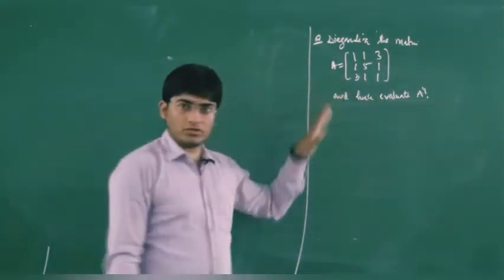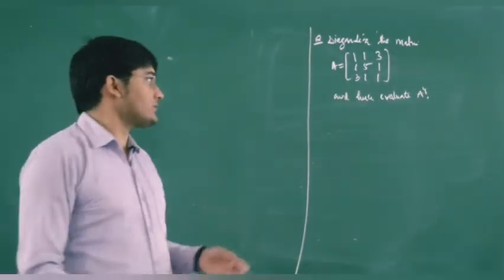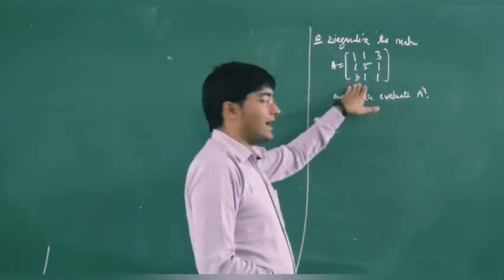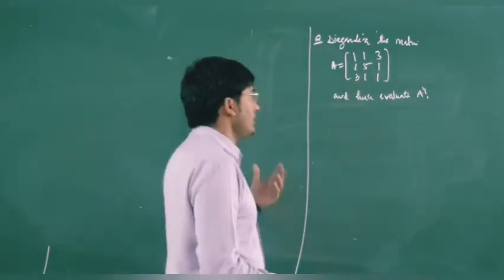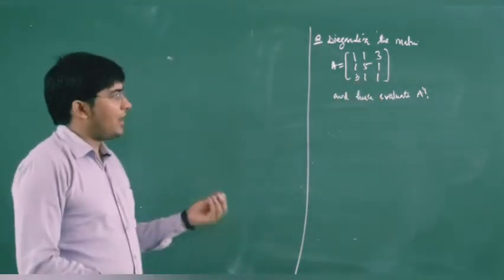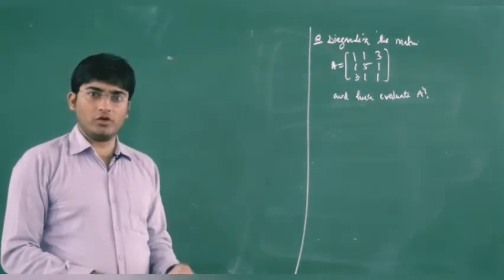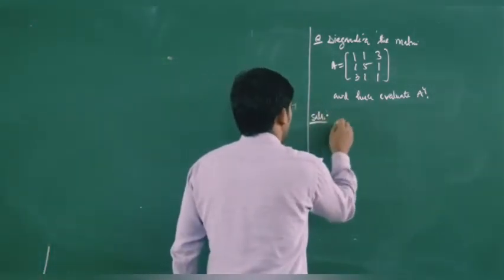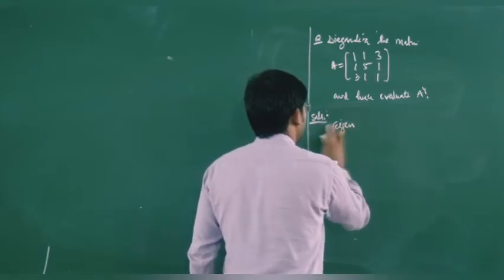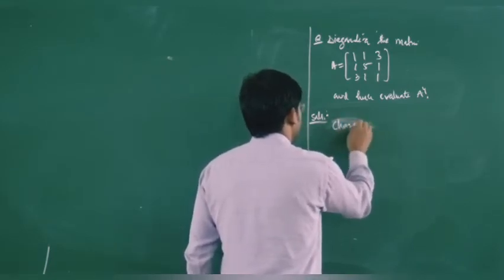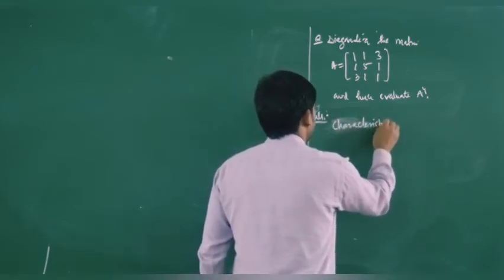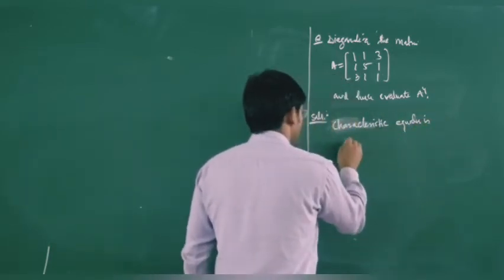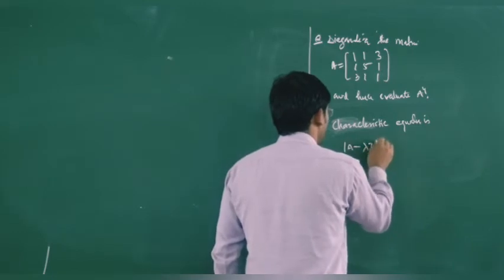I have already solved this question in my previous lecture, and in that lecture I have given its eigenvalues and eigenvectors. So here again I am not solving this problem. I will just copy the eigenvalues and eigenvectors. So solution: your characteristic equation is determinant of A minus lambda I equal to 0.